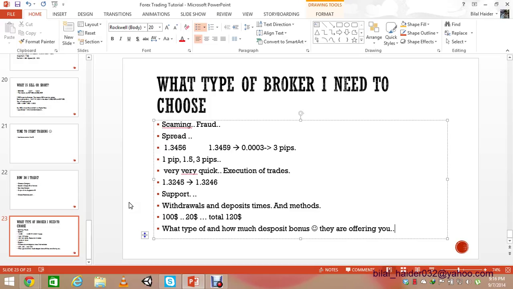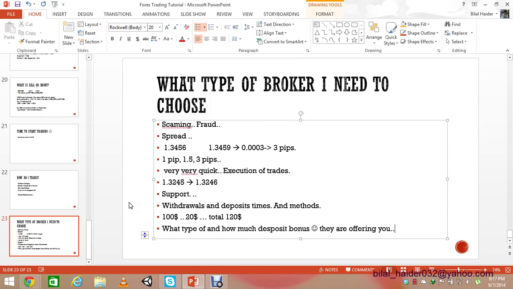If some broker is offering you 100% deposit bonus, like if you're investing $100, we are offering you another $100 on that, and that company is offering you the high spread, and they're not quick in executions, their support team is not good, their withdrawal and deposits are not good, but they are offering 100% bonus on your investments, you should not go with that broker.